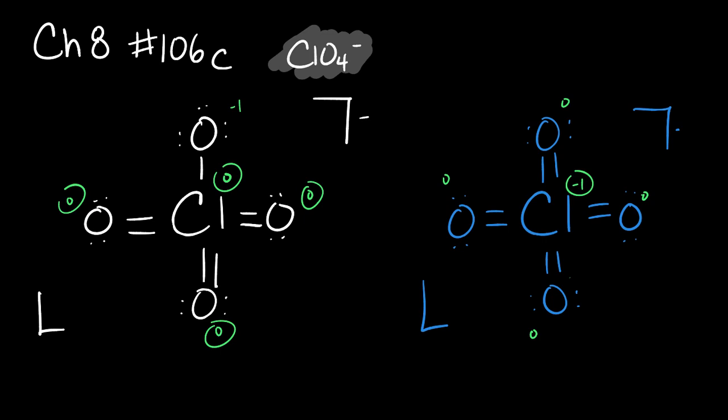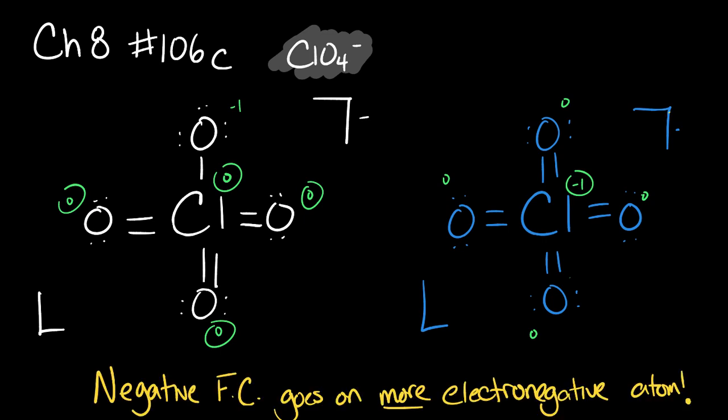So somebody's got to carry a negative 1 formal charge in this compound. It is better if oxygen carries it, so our structure in white here is better than our structure in blue, because we want the more electronegative atom to have a negative formal charge. That is a more favorable arrangement of electrons, a more stable structure, if you will.